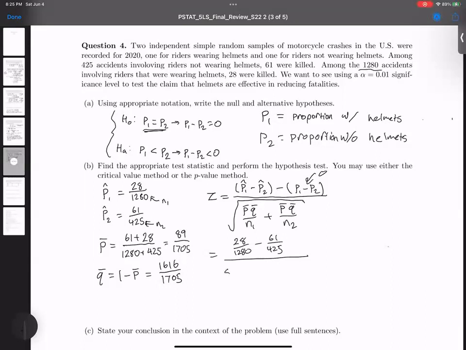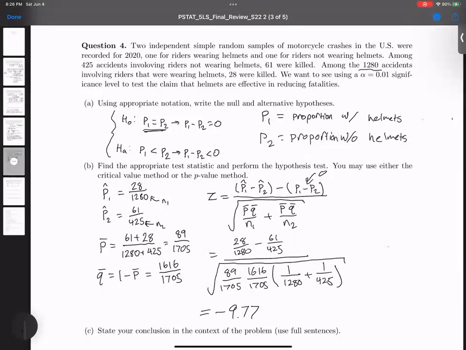So P bar is 89 over 1705, and Q bar is 1616 over 1705. And then we're factoring this out, and it's going to be 1 over N1 plus 1 over N2. So N1 was the 1280, plus 1 over N2, which is the 425. And then this whole thing is underneath the square root. So this is kind of a huge pain to compute, but it ends up being negative 9.77.